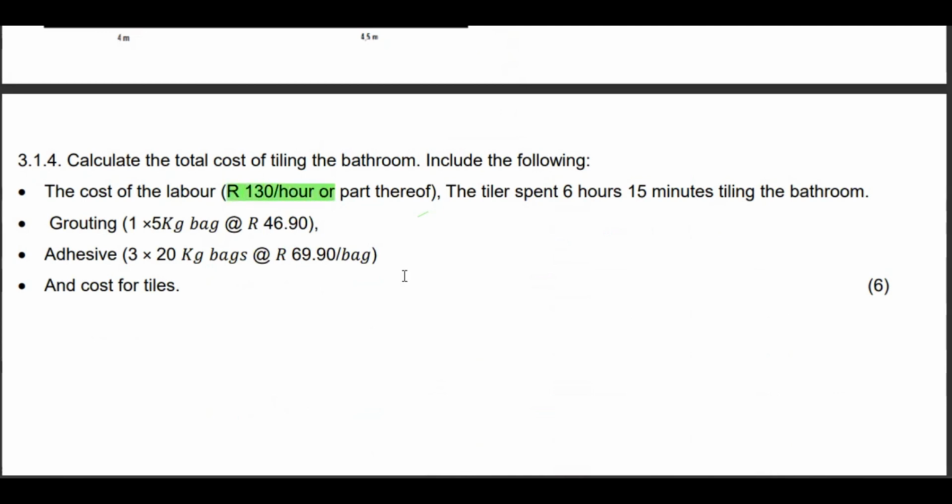What does this mean? It simply means they charge per hour. So should you use 2 hours and let's say 16 minutes, we shall count this to be 3 hours. Why? The guy charges part thereof. He has to charge for that.